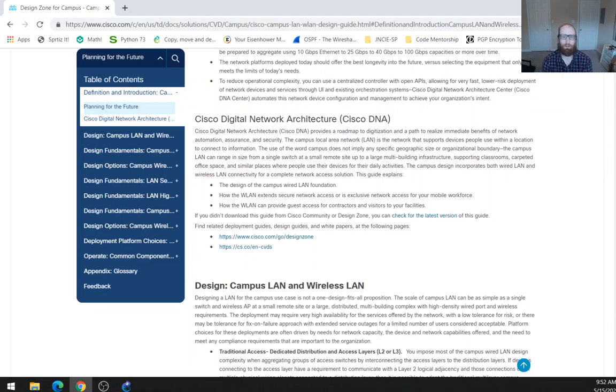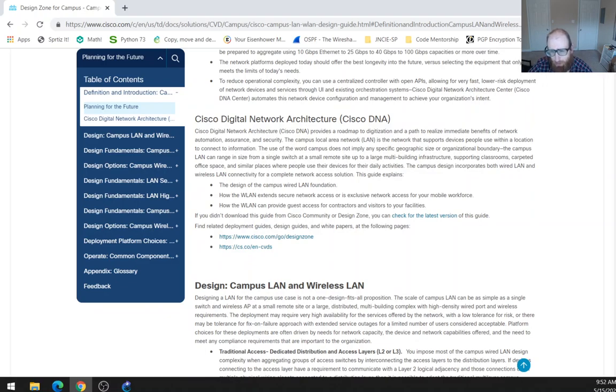Cisco Digital Network Architecture, Cisco DNA, provides a roadmap to digitization and a path to realize immediate benefits of network automation, assurance, and security. The Campus Local Area Network, LAN, is the network that supports devices people use within a location to connect to information.